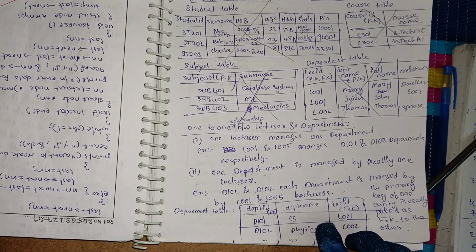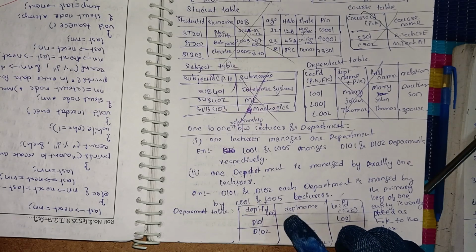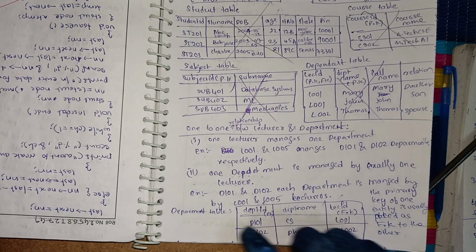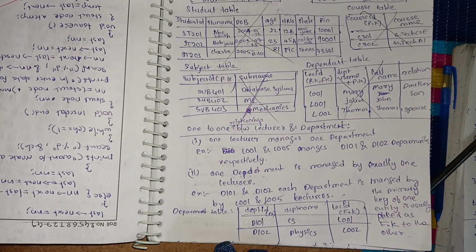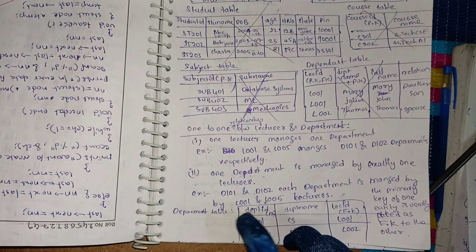Here in the table we can observe the output table, which is the department table. We updated the department table, so we got the output table.